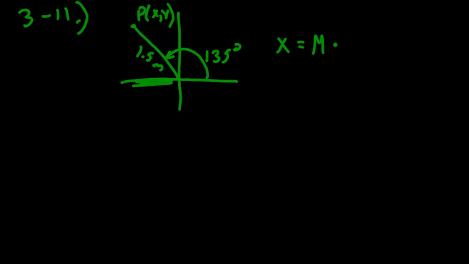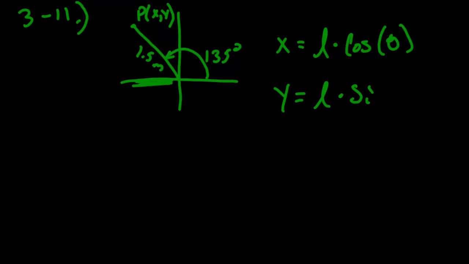Length is probably a better description. So we would go with length times the cosine of our angle. Y would be equal to L times the sine of our angle. And we're given the angle is 135 degrees. So if we plug 135 degrees in, it will account for the negative signs and the positive signs.